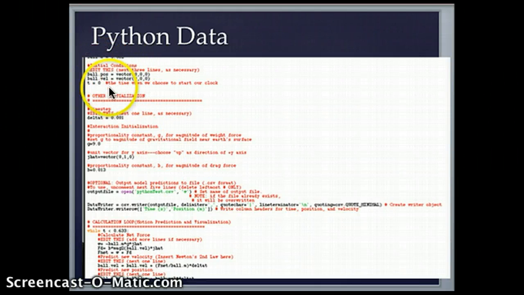So things that were changed were the ball's mass was added in the beginning, the ball's position and initial velocity were both put as 0, time step of delta t, what the constant of gravity was, a component of b, which is the constant used for drag force, and then down here we can see the two equations for gravity, for weight force, and for drag force here that added in for FNet. And below are the updated positions, or the updated formulas for Newton's second law and for the position update formula.